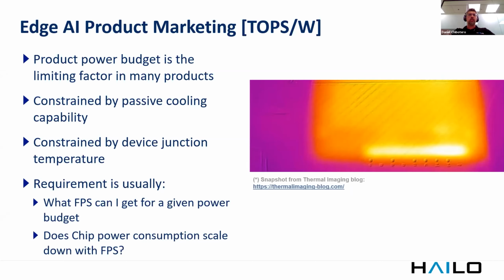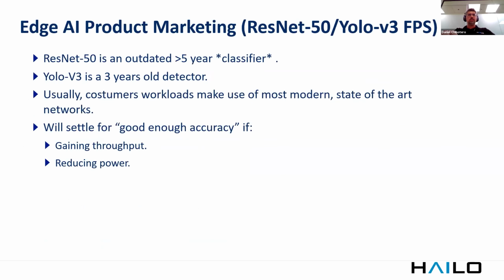The requirements we usually get are: what FPS can I get for a given power budget, or does your chip's power consumption scale down with FPS with regard to our benchmarks?